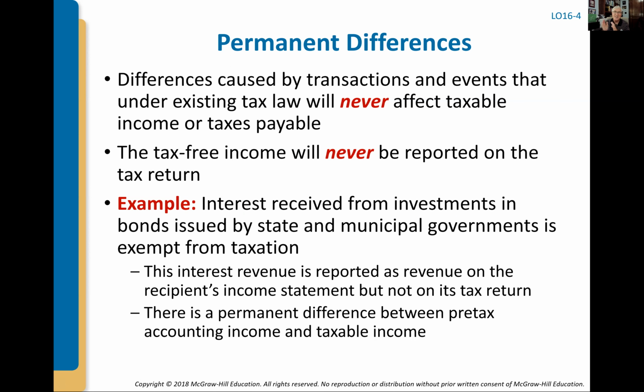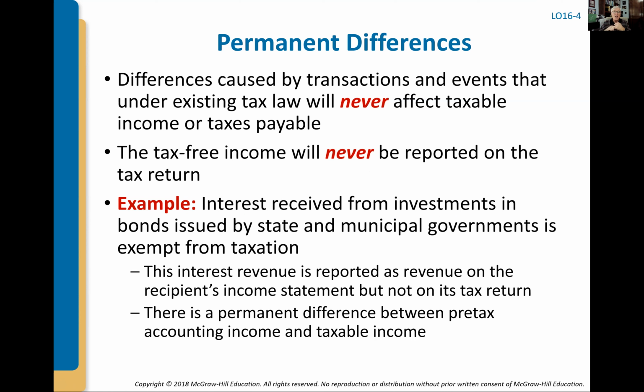It's either good news, tax-free income that will never be reported, or bad news, some expenses that we'll never get a benefit for. Well, in that case, the accounting is easy, you just ignore it.